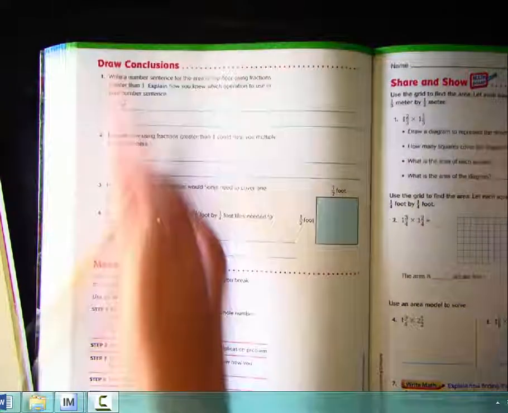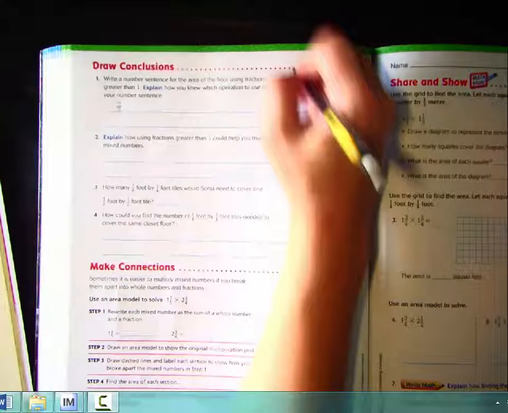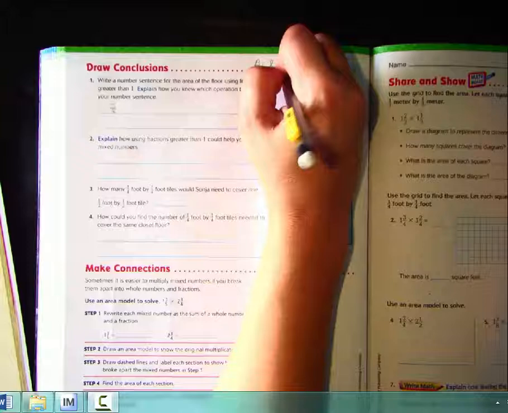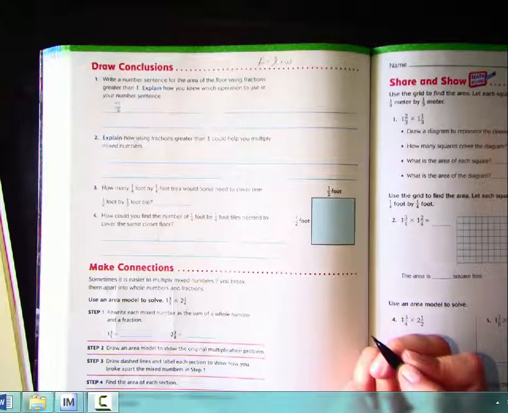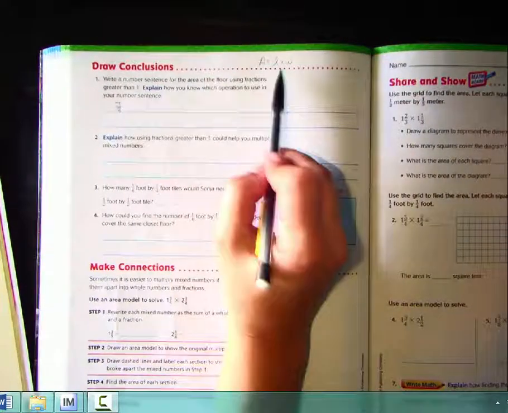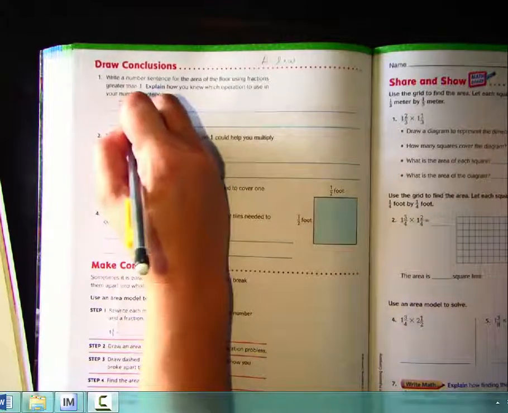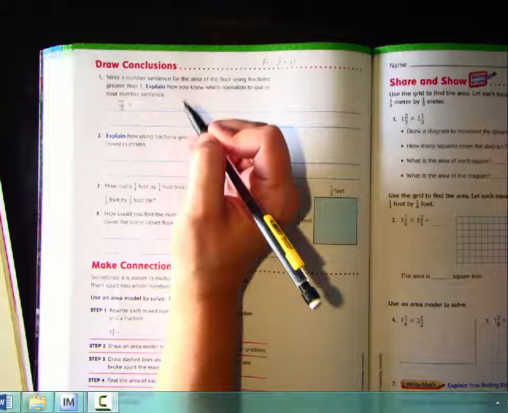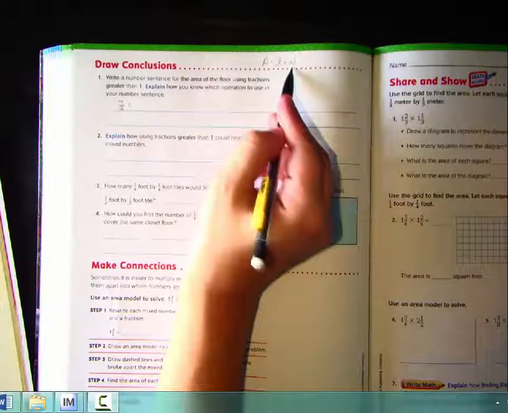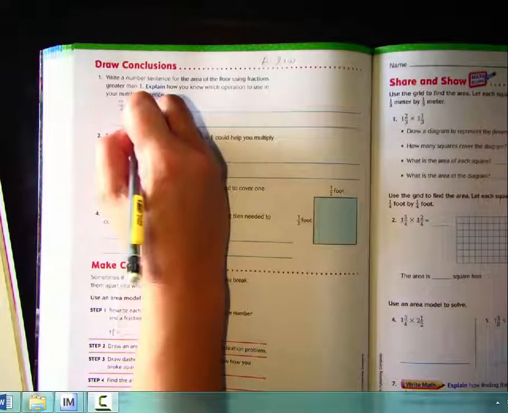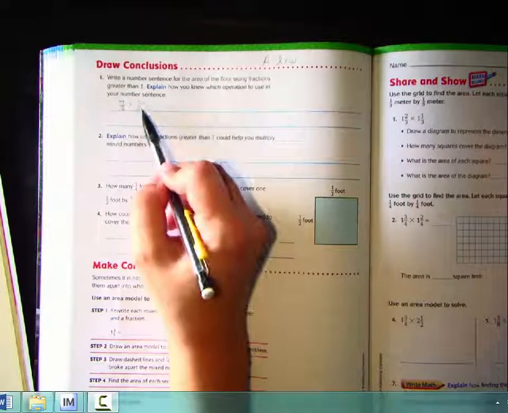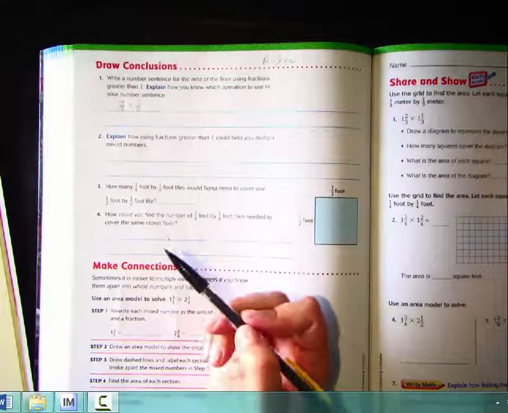Okay? And just like we said on the other side, I'll write it over here again, area equals length times width. Okay? So my function is multiplication. And then the other side, we said there were 5 going down, or the width was 5, so it would be 5/2, or 5 1/2-foot tiles.